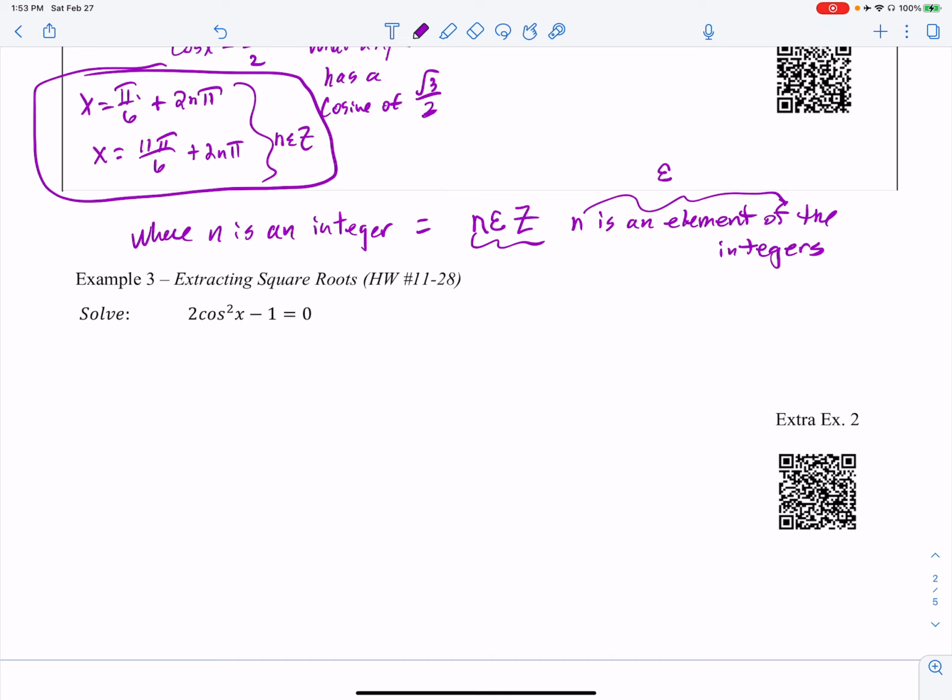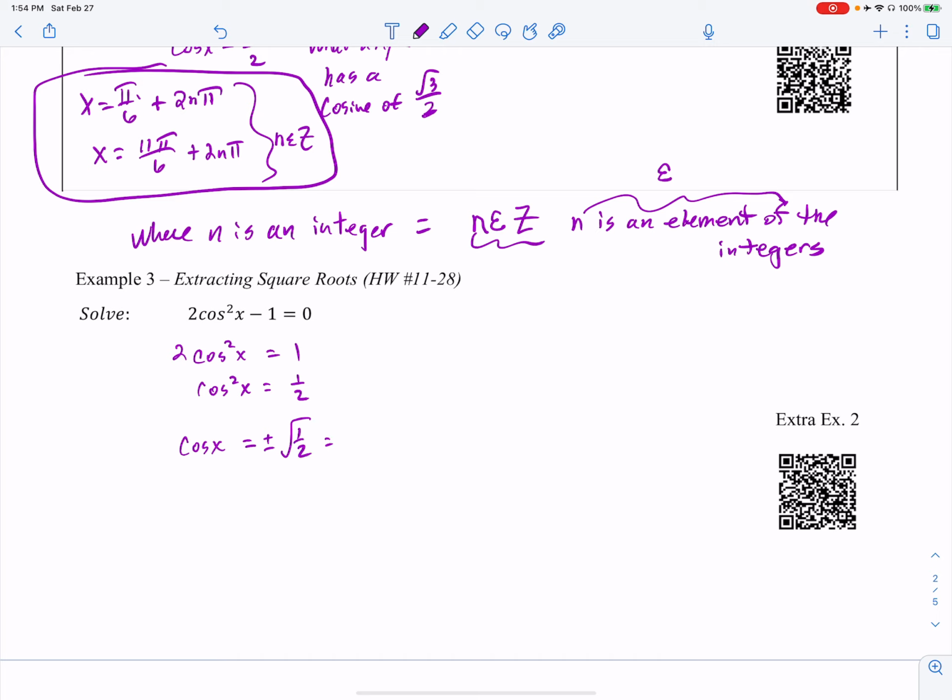You need to isolate the trig function. And so I'm going to write the original down, and then I am going to add the 1 to both sides, then divide by 2. But then I need to take the square root. And when I take the square root, I need plus or minus the square root of 1/2.